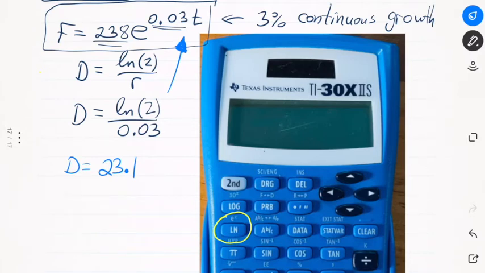If t was in minutes, then this would be 23.1 minutes. So the t and this d have to match time frame wise. So if this was days up here, then this would be days down here.